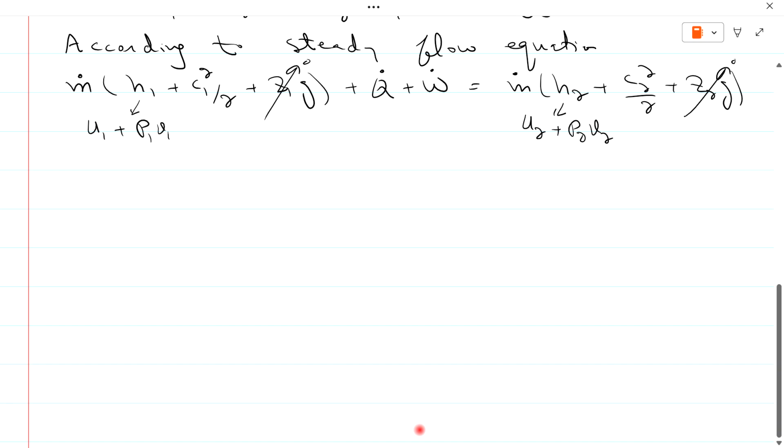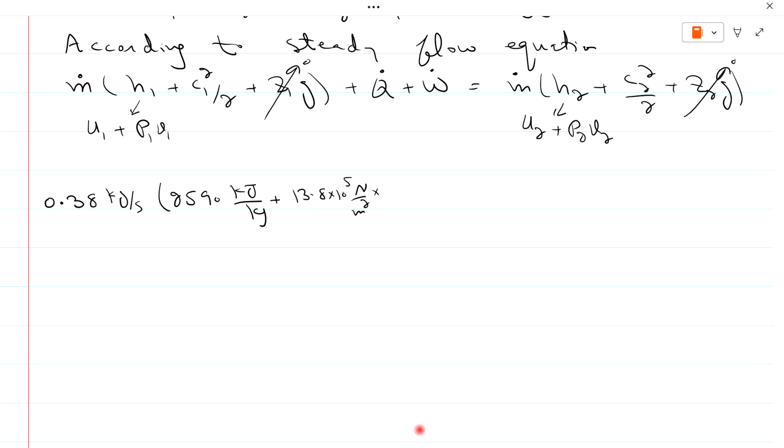Now putting values, m dot is equal to 0.38 kilogram per second, and u1 is equal to 2590 kilojoule per kilogram plus P1, which is 13.8 bar. 13.8 bar means 13.8 multiplied by 10 power 5 Newton per square meter, and V1, the specific volume at inlet, is equal to 0.143 meter cube per kg.